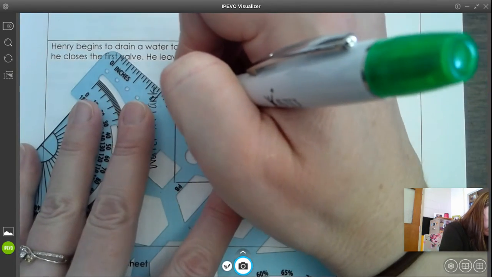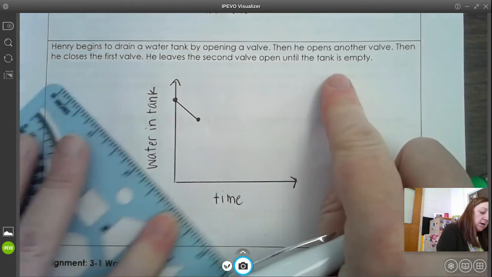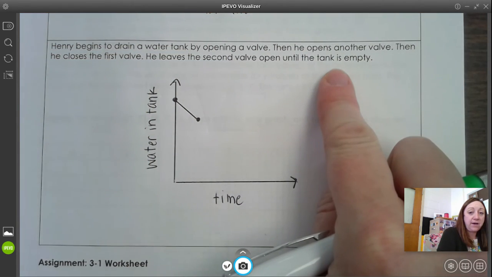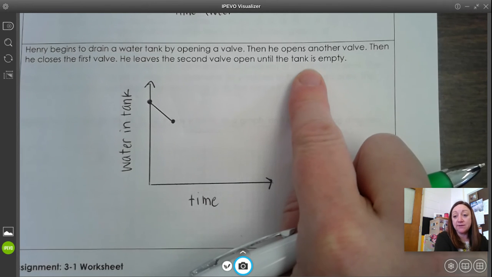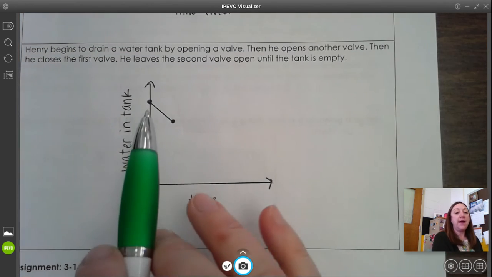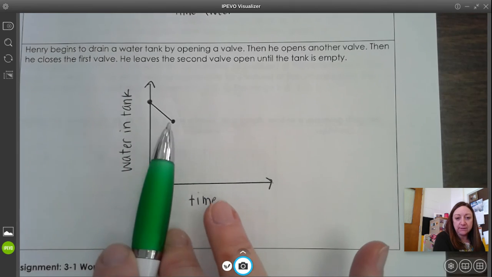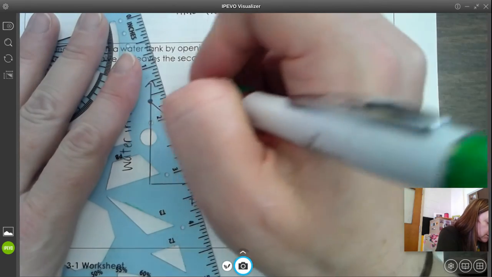So it's starting to drain, it's going down. Okay, then after that, he opens another valve. So when you open a valve, that's going to mean it's going to drain faster because you have 2 valves that are open for draining. So now, instead of being at this slope, we need to make it go down steeper because it's changing faster.